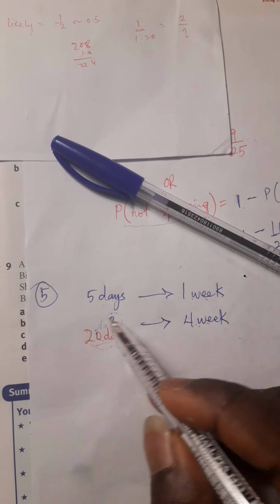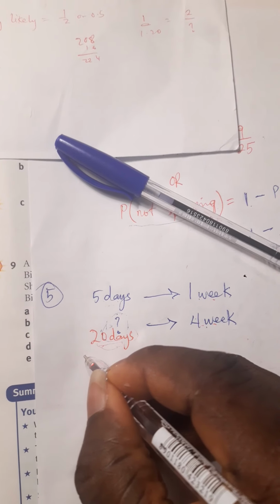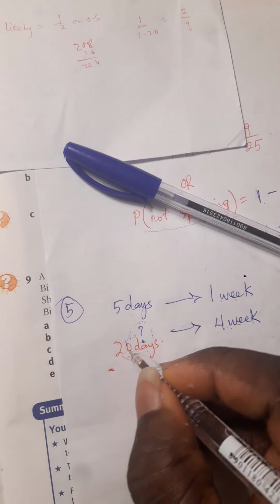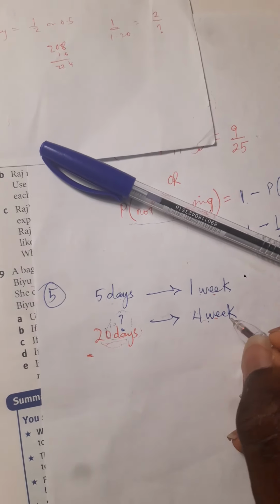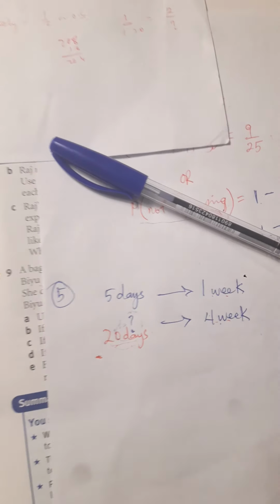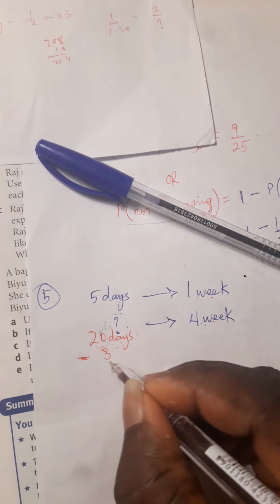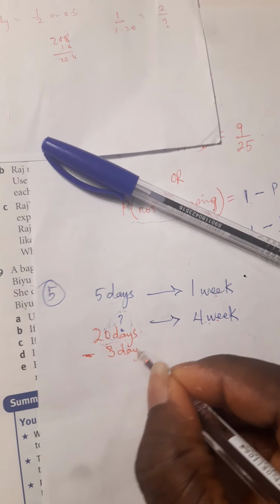Now, out of these 20 days, we were told that she went to school late on 3 days. It means that within these 4 weeks, she went to school late 3 times. So you are going to subtract 3 from 20. This is the number of days she went to school late.